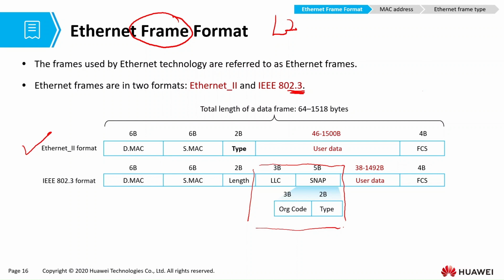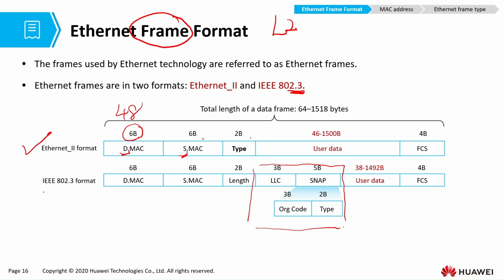Now, looking here at each field and how many bytes it has. Here it is 6 bytes, that means 6 times 8, since 1 byte has 8 bits, so you have 48 bits for your MAC address, both the destination MAC address and the source MAC address.